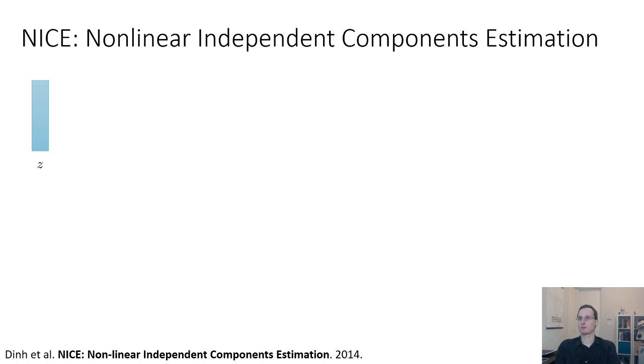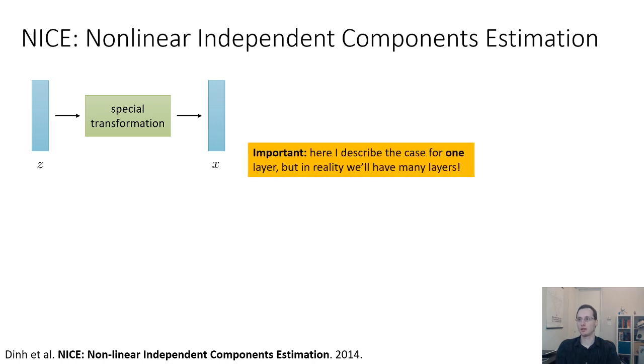Okay. So here is a simple type of invertible layer. Ordinarily, a layer in a neural net would be some mapping, and I'll just say that it's a mapping from z to x, some kind of special transformation. Importantly, here I'm going to describe the case for one layer, but in reality, of course, we'll have many of these layers. So a normal kind of layer that we learned about might be x is given by a ReLU applied to wz plus b.